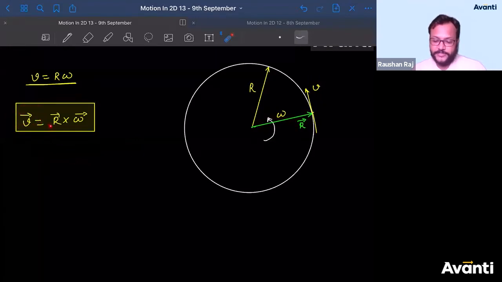How do you find the direction of a cross product, guys? Using the right hand thumb rule only. What is the right hand thumb rule?